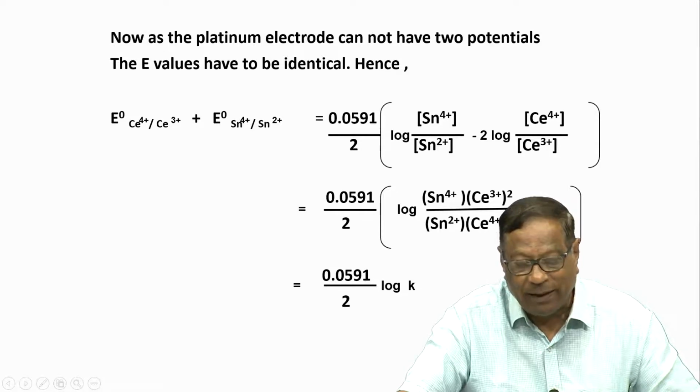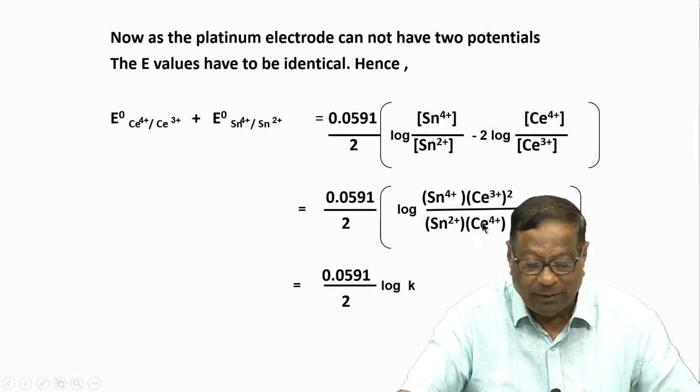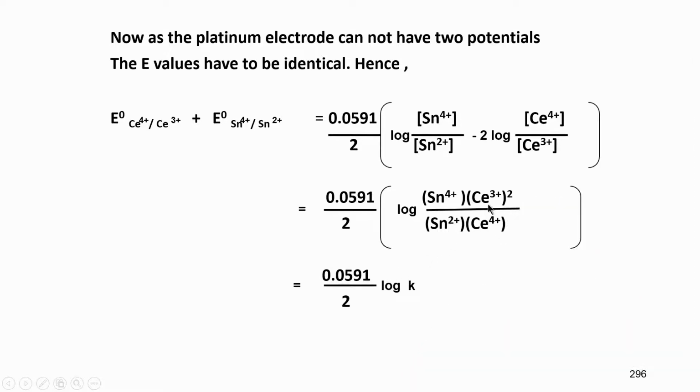There is an error here, I will take a look at it later and correct it, but for the time being please make in your notes the correction 2 here.